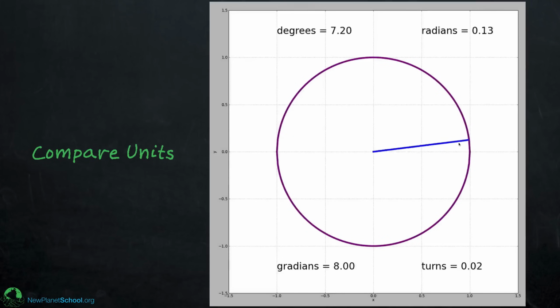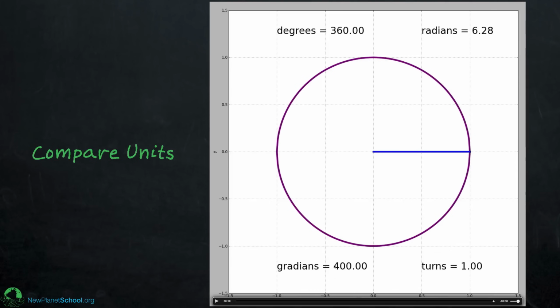The top will be degrees and radians, and the bottom is gradians and turns. And you can see it's the same angle. I can just measure it in 4 different units, and in the end, when I get all the way around, you can see that I have 360 degrees, 6.28 is approximately 2 pi, and down here 400 gradians and 1 turn.